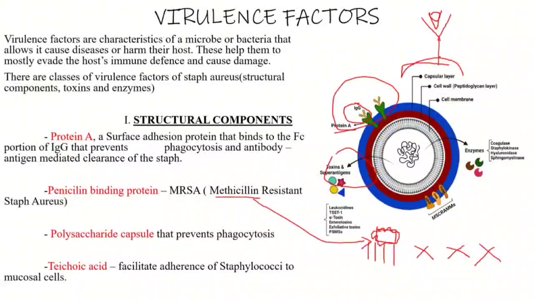If you are not being phagocytosed, then you are not going to get killed. The bacteria stays longer and causes damage. And teichoic acid on the surface facilitates adherence of the Staphylococcus species to mucosal cells.